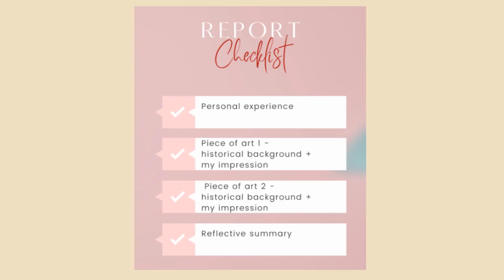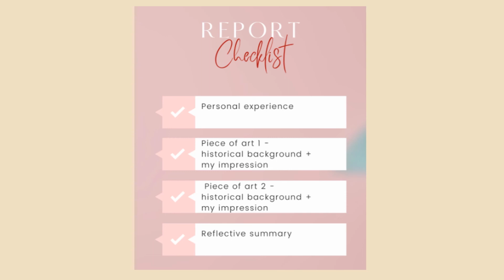And at the very end of our lesson, the checklist. In the checklist, you can see 4 texts, 4 paragraphs, 4 parts of the report. Start with your personal experience. Move on to piece of art number 1, providing historical background and giving your impressions.